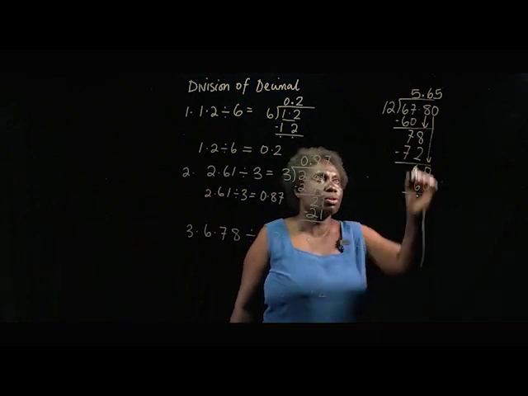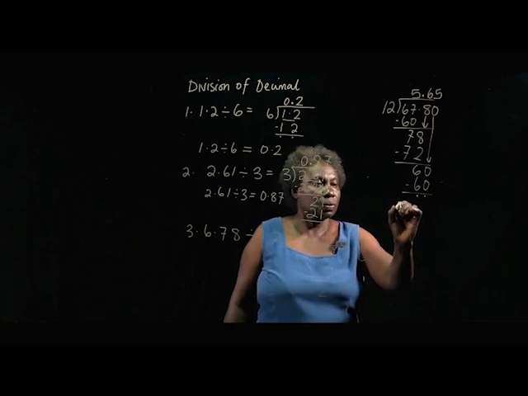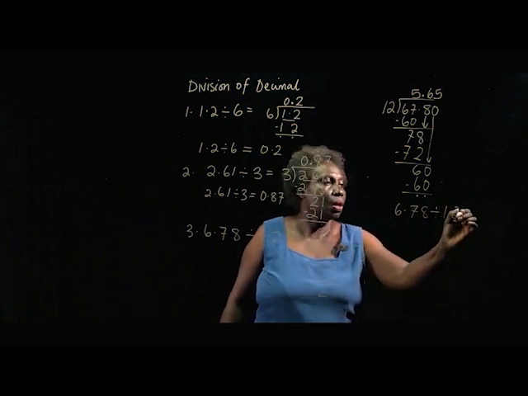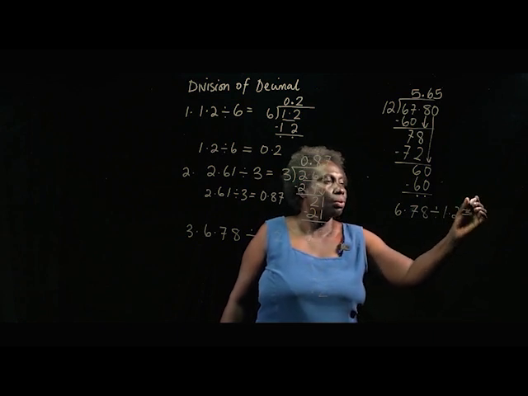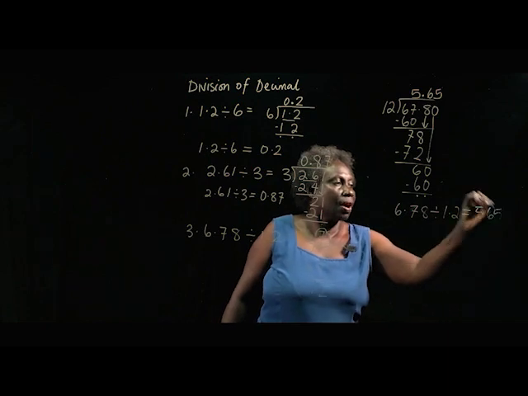Everything cancels out. So, the answer to my division of 6.78 divided by 1.2 is equal to 5.65.